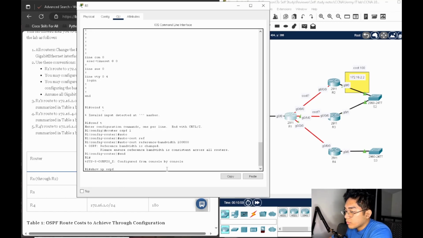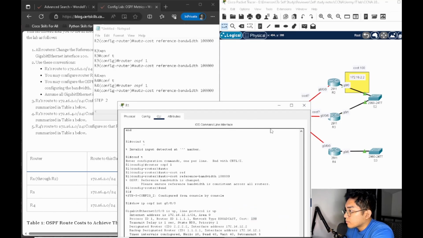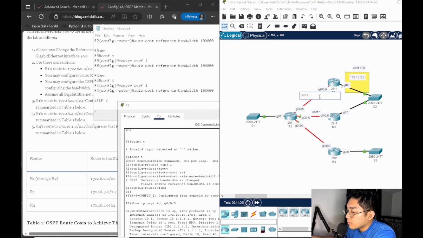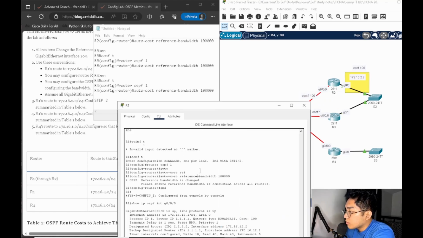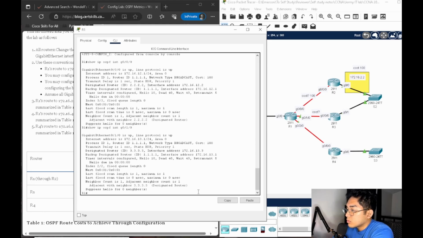Show IP interface G0/0. As you can see, the cost is 100. How about G0/1? Same thing, 100.